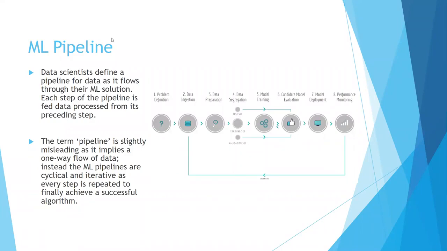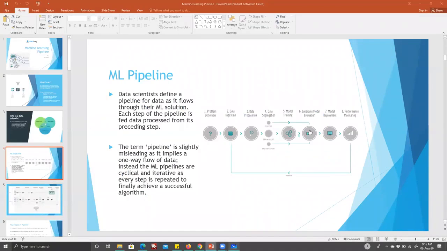Let's take an example. Let's say I want to optimize click-through rate on my website. What should we do about it?